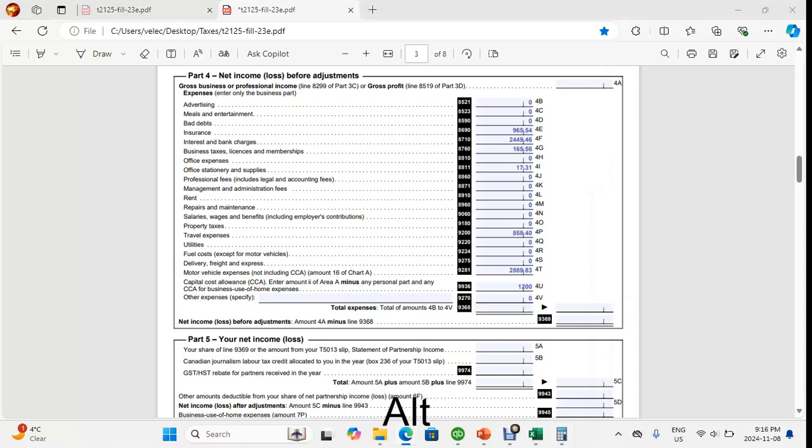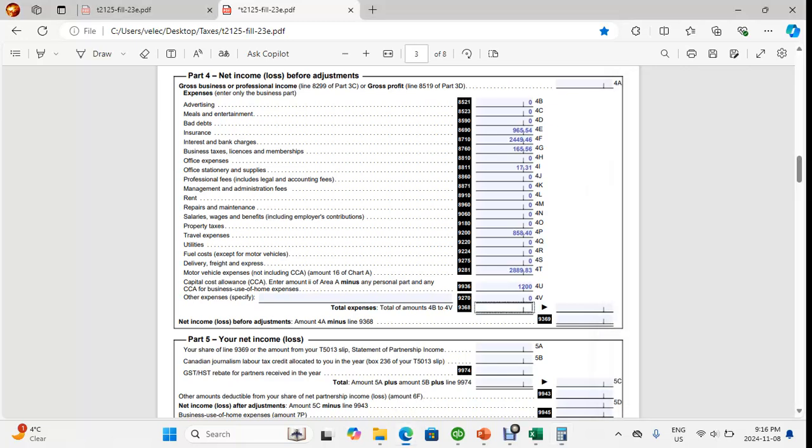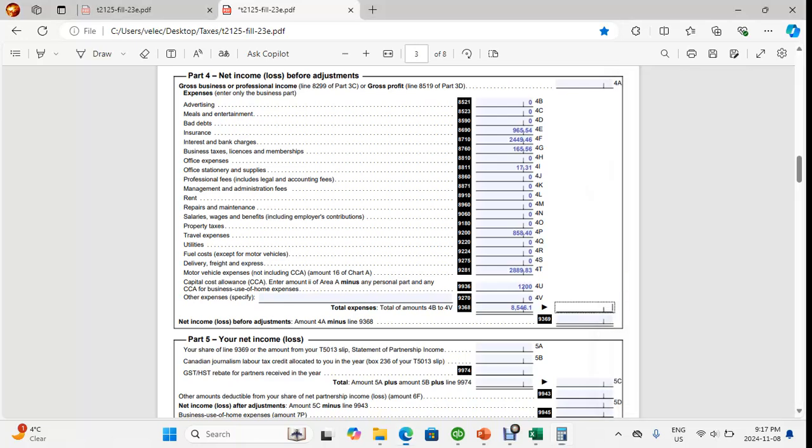So 9368, $8,546.10. You can also verify this amount. Yeah, so this is correct. And you will transfer this amount over here.